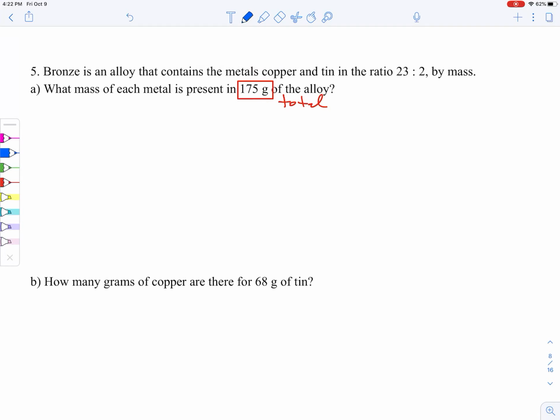So we know that copper to tin is 23:2, which I can write as 23K to 2K, and I know that when I add those together, I'm going to get my total, because it's the stuff from my copper plus my tin equals 175.